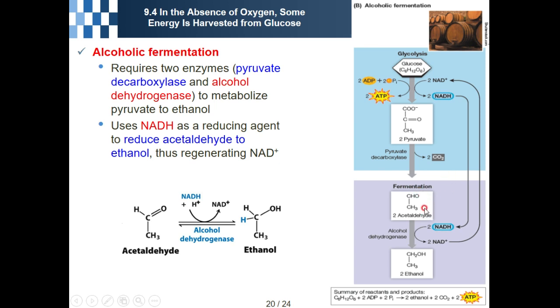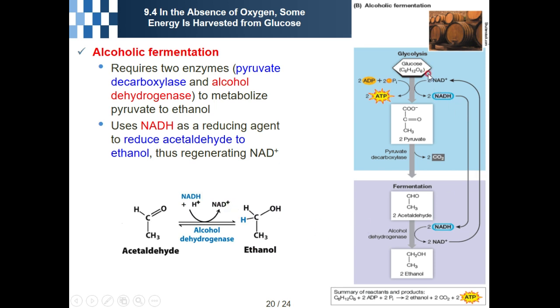So finally, acetaldehyde is changed to ethanol. At that time, NADH is also used as a reducing agent. It will reduce acetaldehyde to ethanol. During that time, it starts regenerating NAD+.